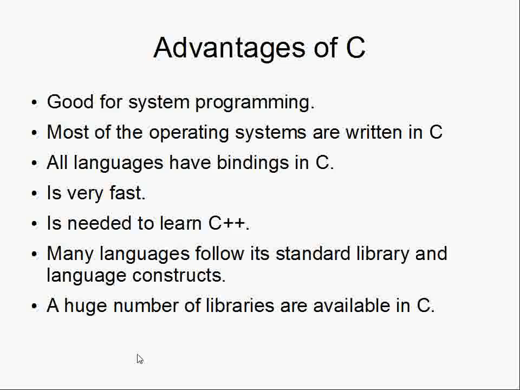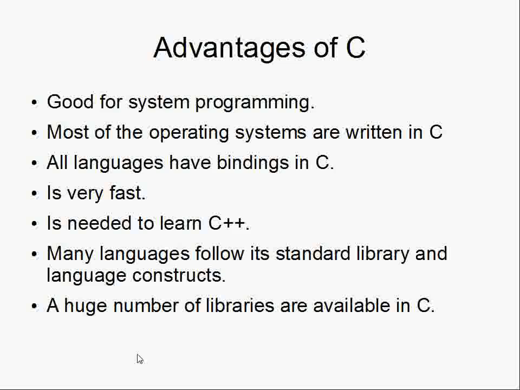I'll say why C is faster than C++. Because C++ has something called virtual functions and dynamic binding. When you have dynamic binding, you have something called a virtual table in C++, in which pointers have to be dereferenced and the type of the object is determined at runtime.